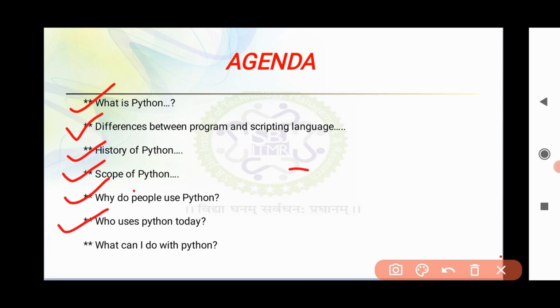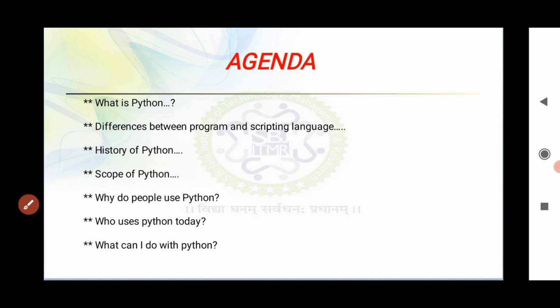So it will be easy for us to compare Python with C, so that it will be good for us to know how I can use Python in an advanced way when I compare it with C. Alright, so these are all the different things that we have to see in this presentation.